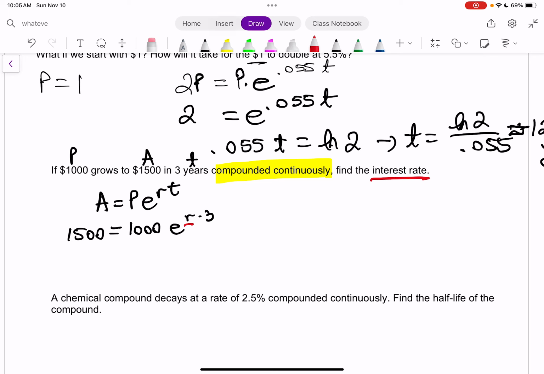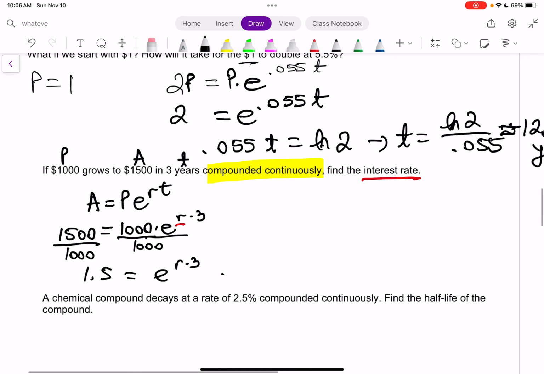Okay. So again, I have to get into this exponent. Before I get there, I'm going to divide both sides by 1,000. So I'll get that 1.5 is e to the r times 3. Now I'll get rid of e, which means I'm going to use a log. So natural log of 1.5 is r times 3.